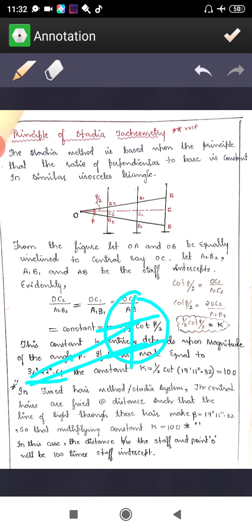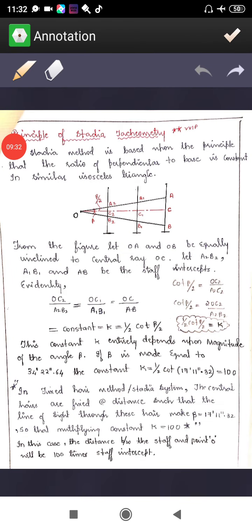That we have to keep in mind. It is a very important thing that I describe here. In this case, the distance between the staff and point O will be 100 times the staff intercept. That is what you have to keep in mind.